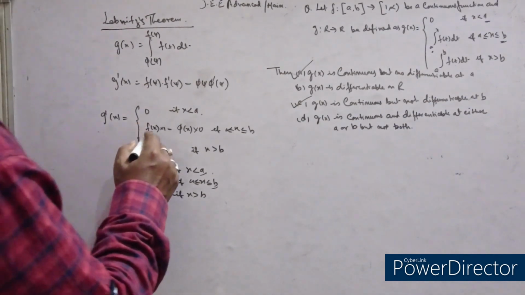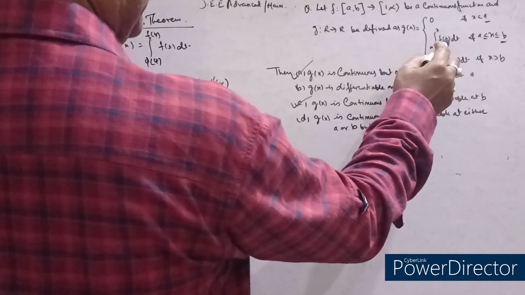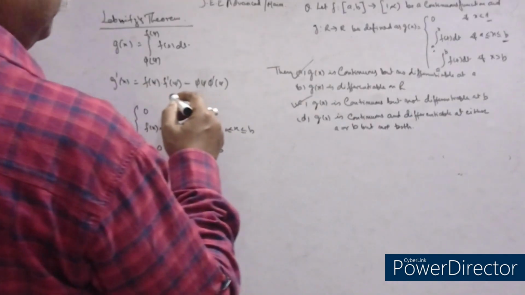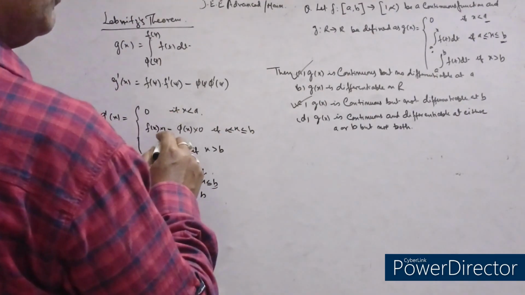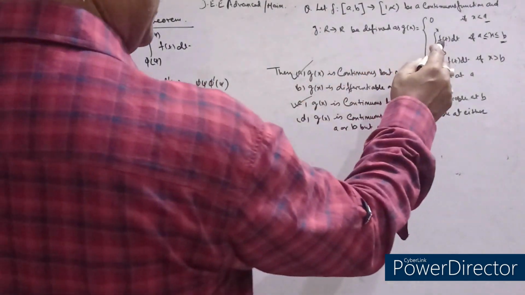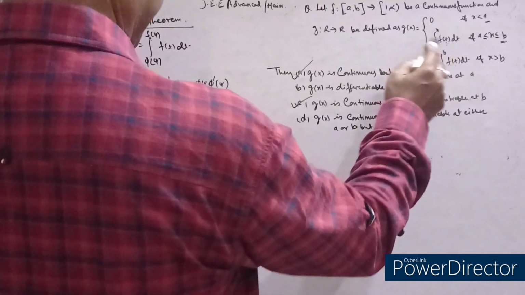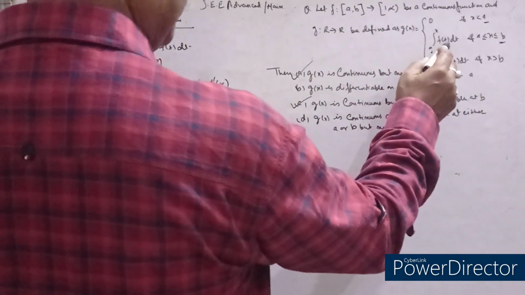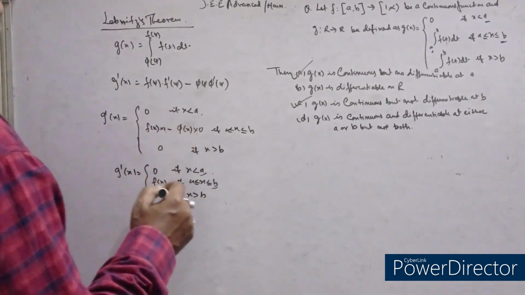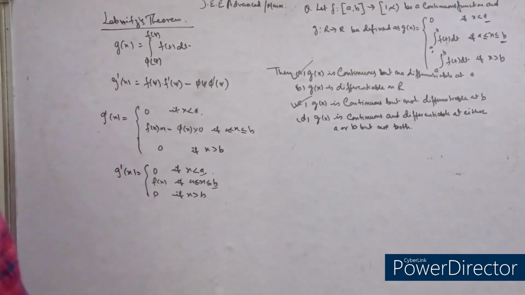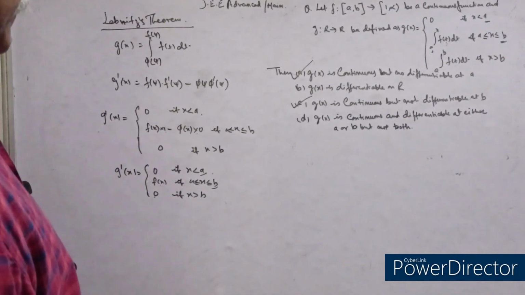Here again I am telling you the Leibniz theorem: it will be f(x) dt, then into the differentiation of x, this is 1, and for the constant the differentiation is 0, so ultimately this becomes 0, so this is equal to your f(x). This will be your result.